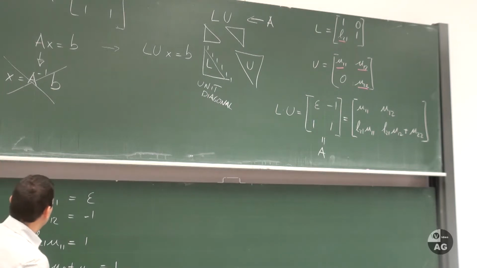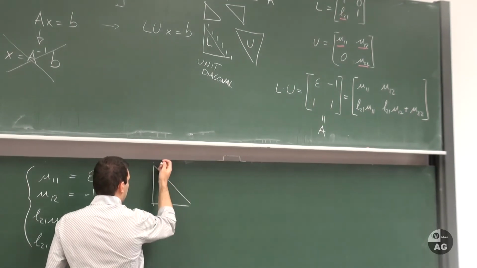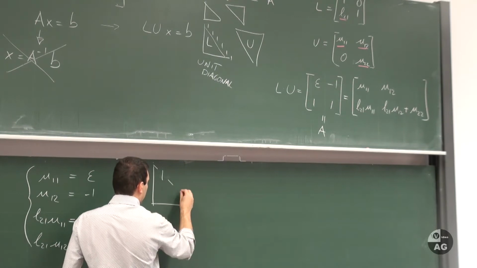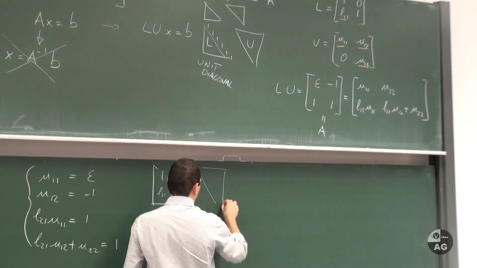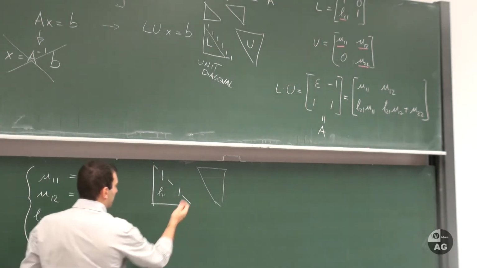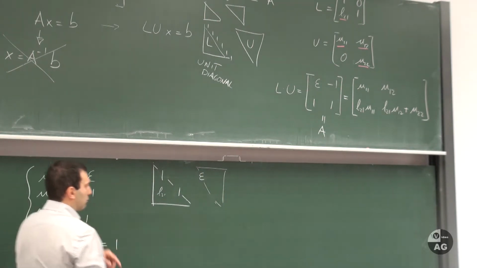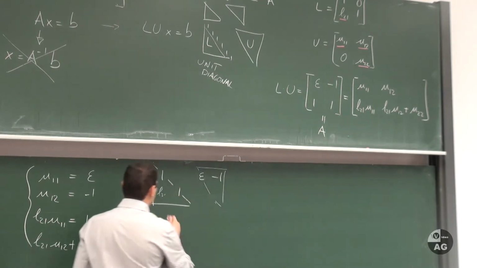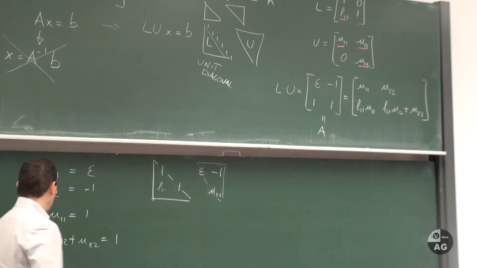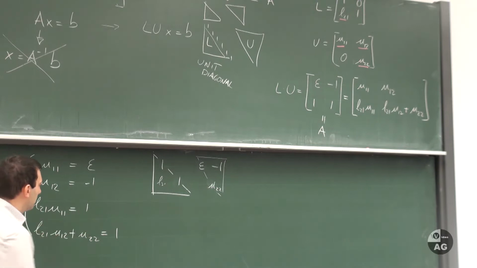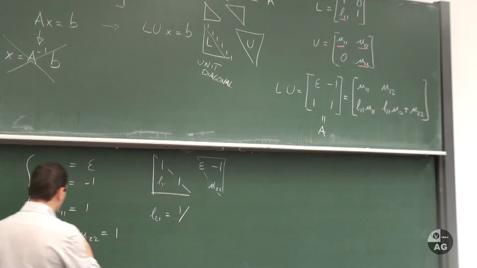Okay, so let's see what we are finding so far. This is a 1, this is a 1, and this is L21. Here, U11 is epsilon. Okay, we have it already. It's being computed. U12 is minus 1. Here we go. So now this is still missing, and then U22. L21 times U11 equals 1, so we know that L21 equals 1 over U11.